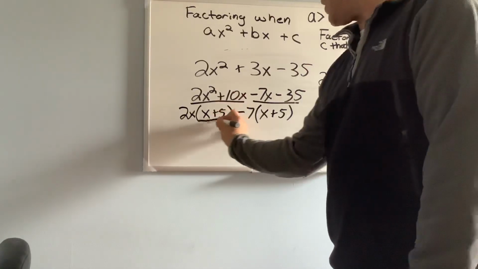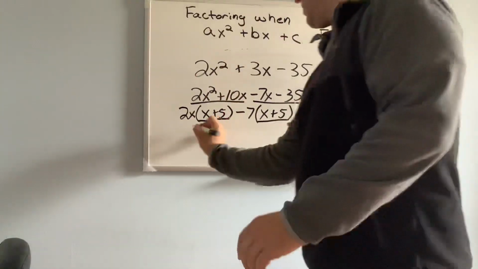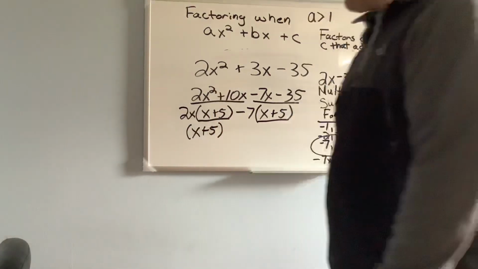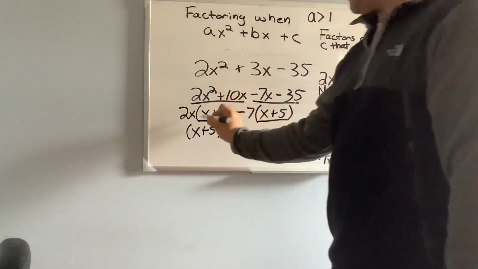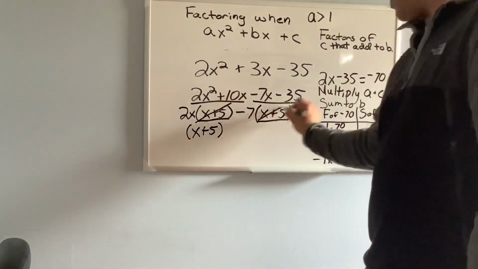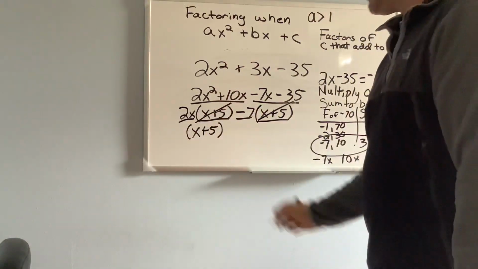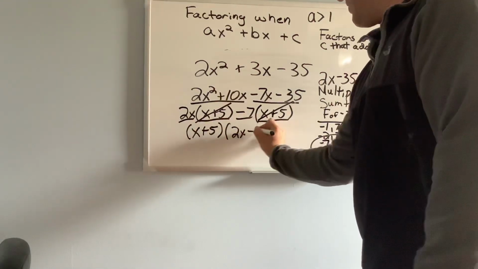So then you notice here, I have x plus 5 in both, so we can factor that out. So in front, I'm going to put x plus 5. And then for me, this was confusing as a learner. So to help me learn what to take out, I cross off the x plus 5, and then I kind of underline what's left. So my second part would be 2x for the first term, and then minus 7.